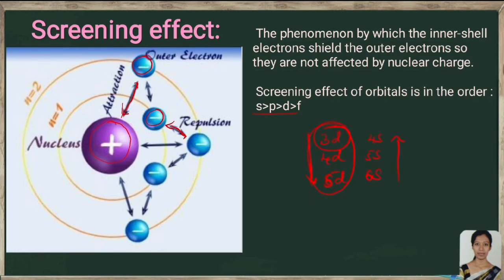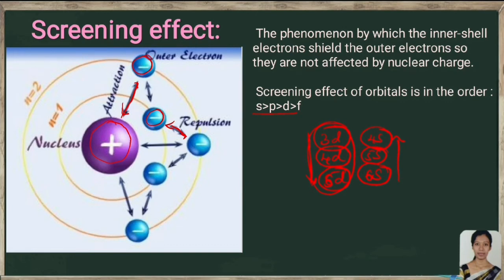That's why the 3d series has fewer electrons when compared to 4d, so 4s will be shielded very little. Then 5s will be shielded more when compared to the 4s orbital. In a similar way, 5d will shield the 6s electrons more effectively. That's why size increases down the group.